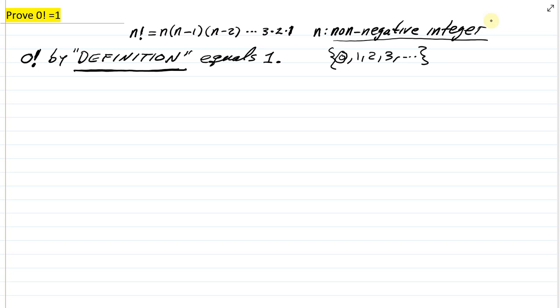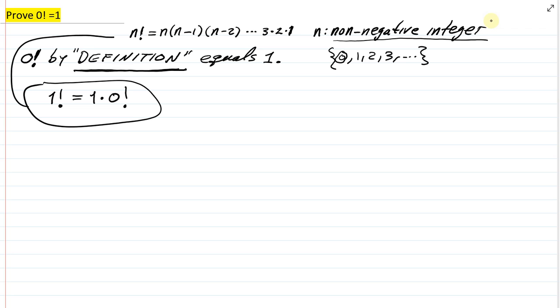Now here's how some people prove that 0 factorial equals 1, in that they start by saying 1 factorial is the product of 1 times 0 factorial. Well, this definition actually doesn't fit that, right? It doesn't look like that, because with the original definition, we stop at 1. It doesn't go to 0 factorial.